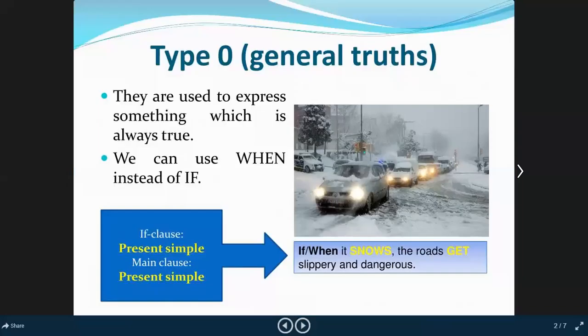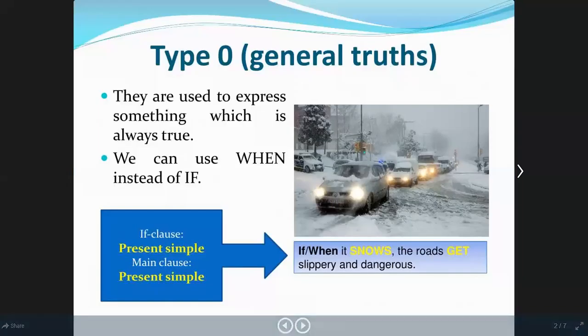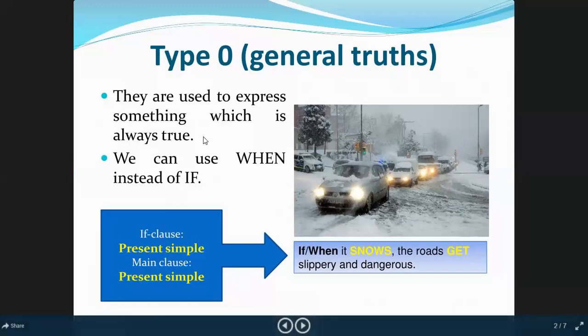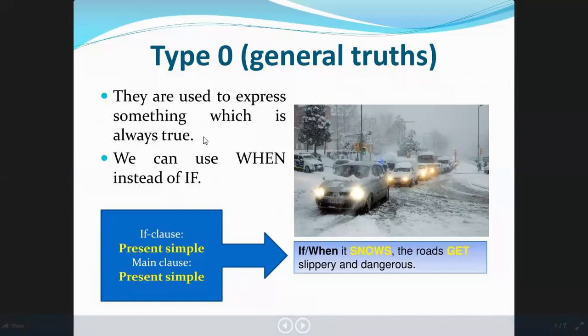Let's move to the next slide. What is a type 0 sentence? Type 0 sentences are used to express something which is always true. So here we will find facts in these sentences.